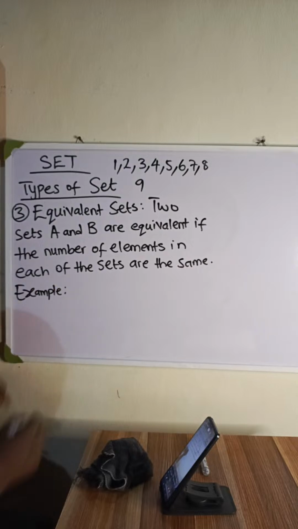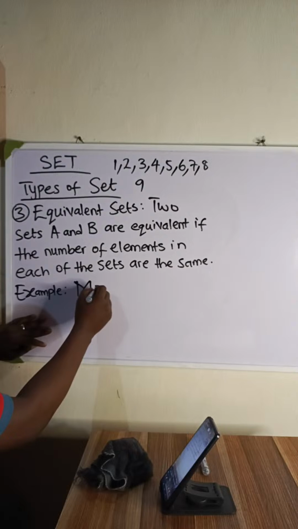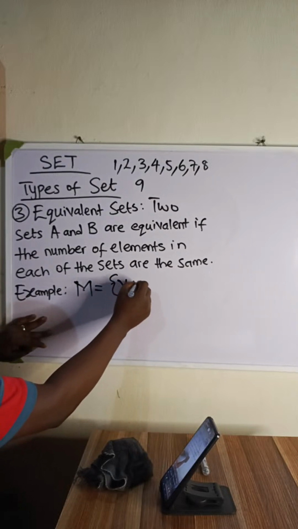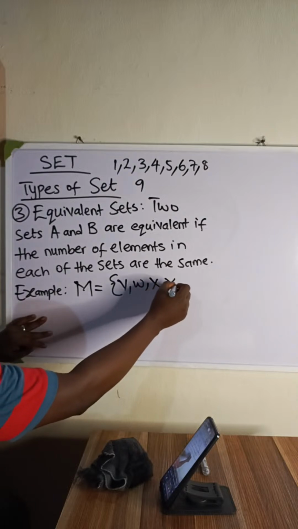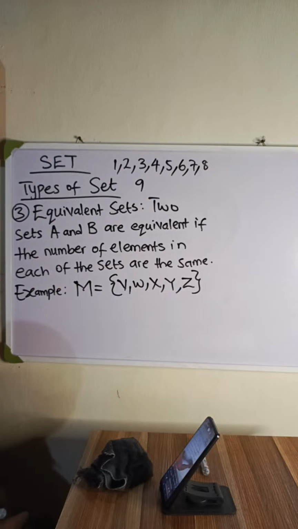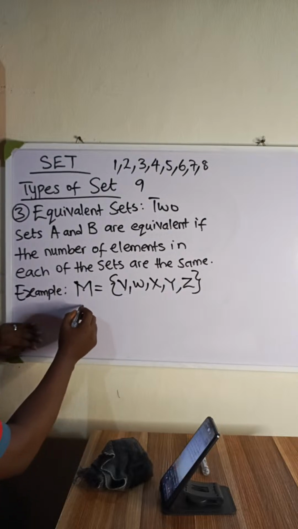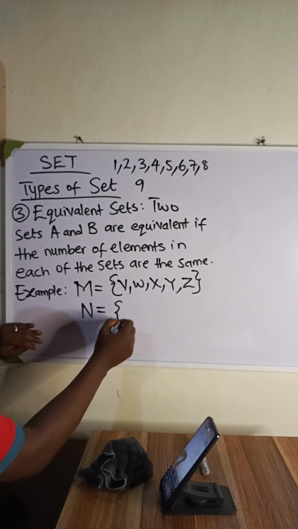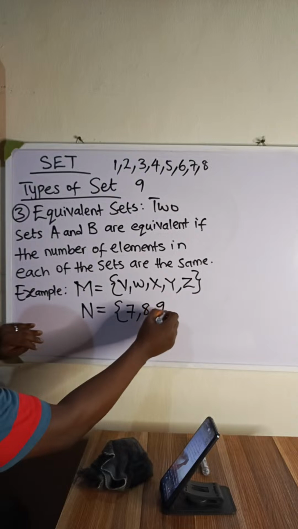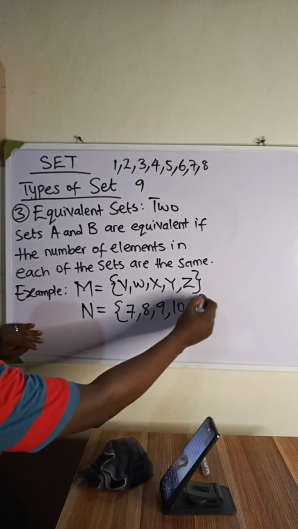if you have M is equal to V, W, X, Y, and Z, and then N is equal to 7, 8, 9, 10, 11.